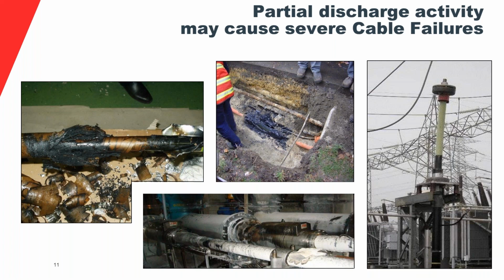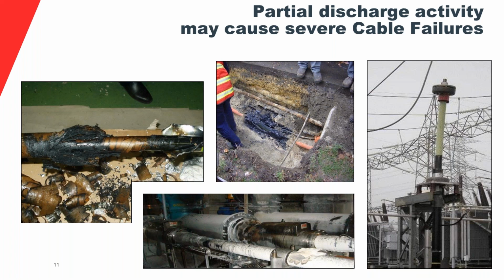Then I just want to make clear with these examples, I will talk a little bit about what they mean here and what you see: partial discharge is the number one cause of severe cable failures within the installation. On the right, you see a transmission cable end termination in a substation.